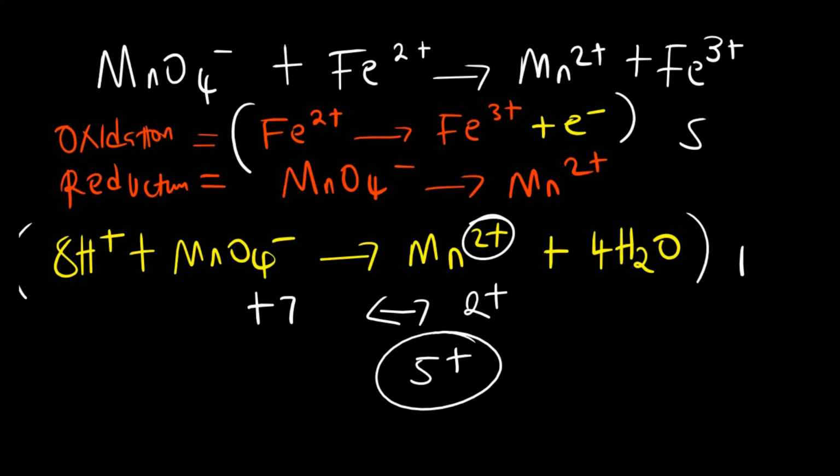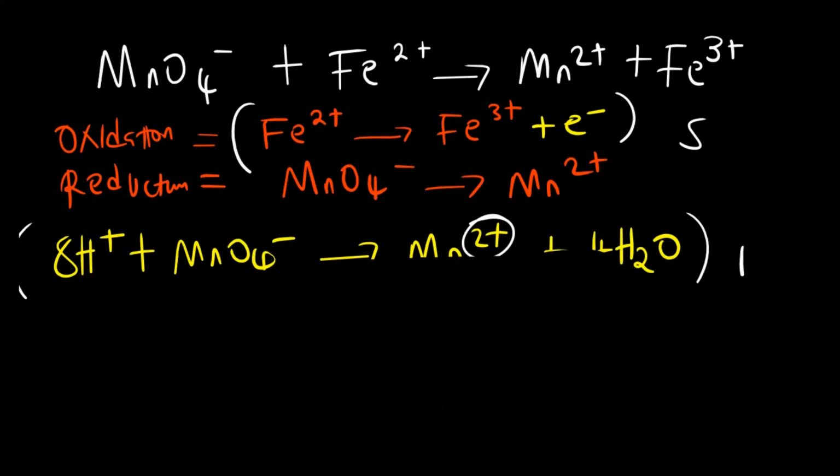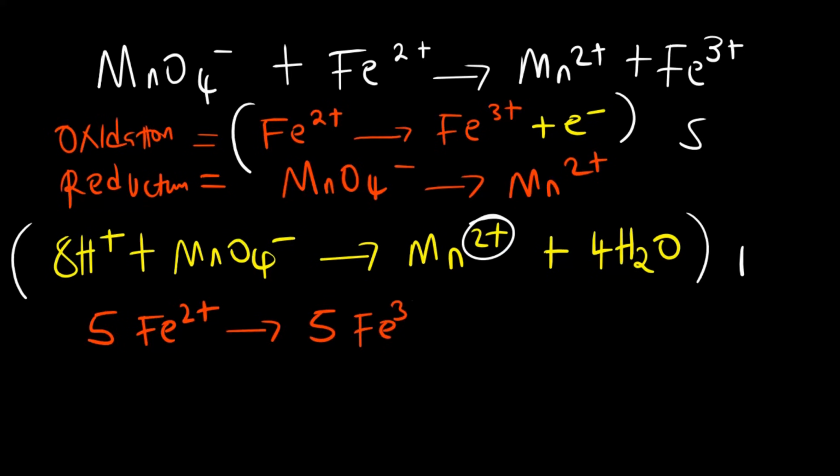Then we just need to multiply the one that we have on top. When I multiply the one that I have on top, I'm going to have 5 Fe2 plus, this will give me 5 Fe3 plus plus 5 electrons. So basically this is what I have for now, and it's balanced like that.